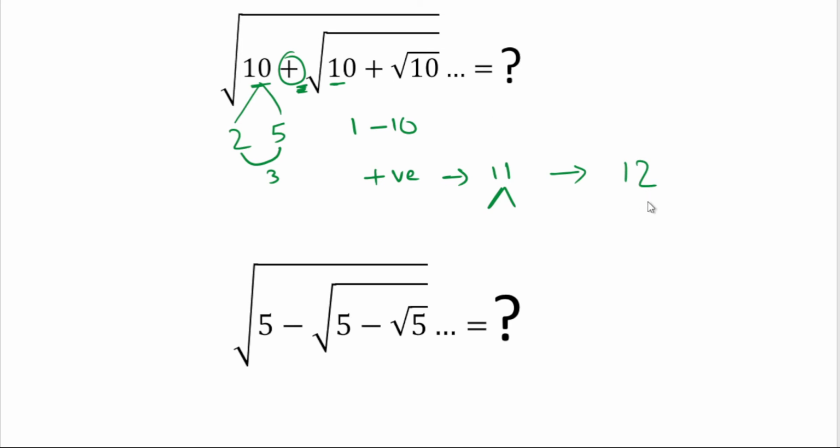Now we factor 12. The factors of 12 are 3 and 4, and here the difference is 1. So the answer will be between 3 and 4.